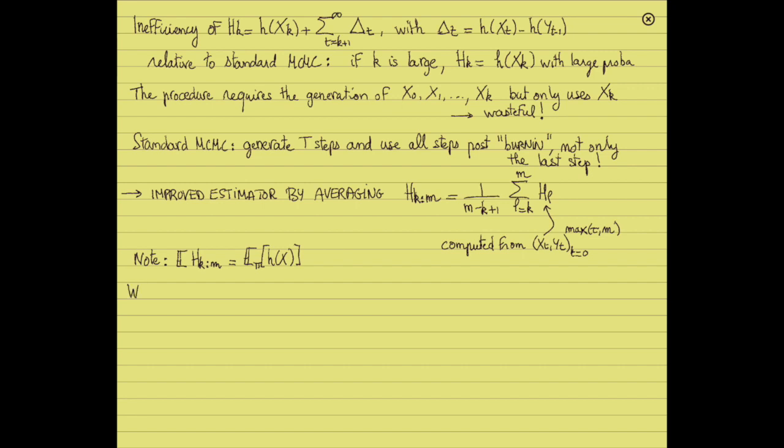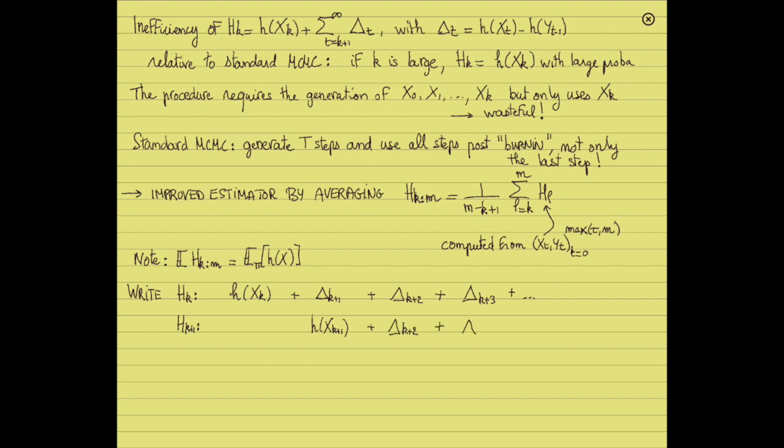And we can rearrange the proposed estimator by writing the different H_l as follows. So H_k is h of x_k plus delta_{k+1} plus delta_{k+2} plus delta_{k+3} and so on and so forth. Of course, those deltas eventually are going to be zeros, but we can imagine that they're all there. And write H_{k+1}, and we align the terms according to the time index.